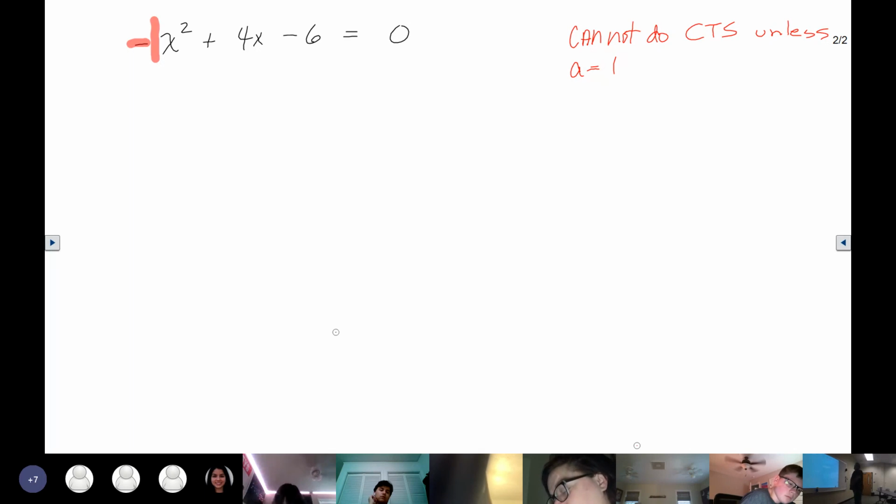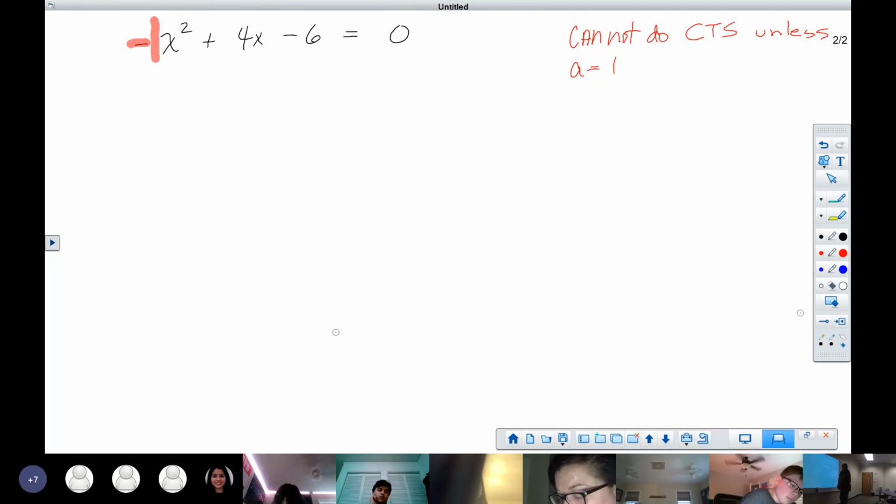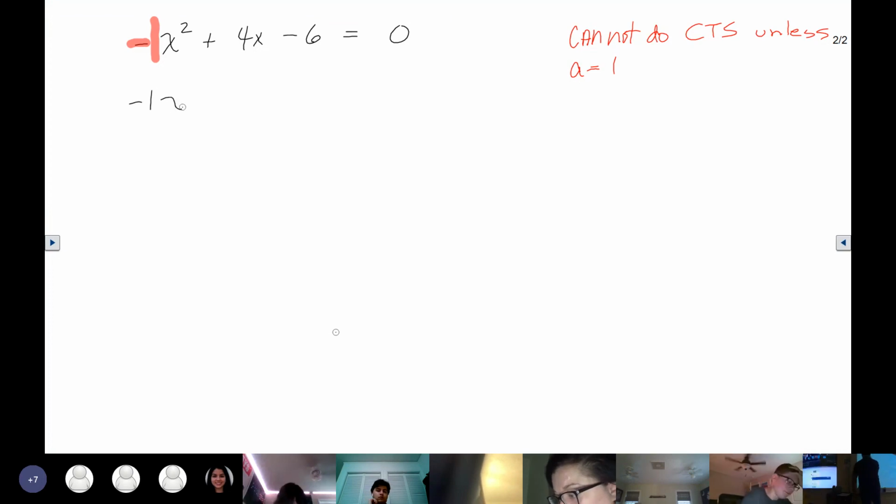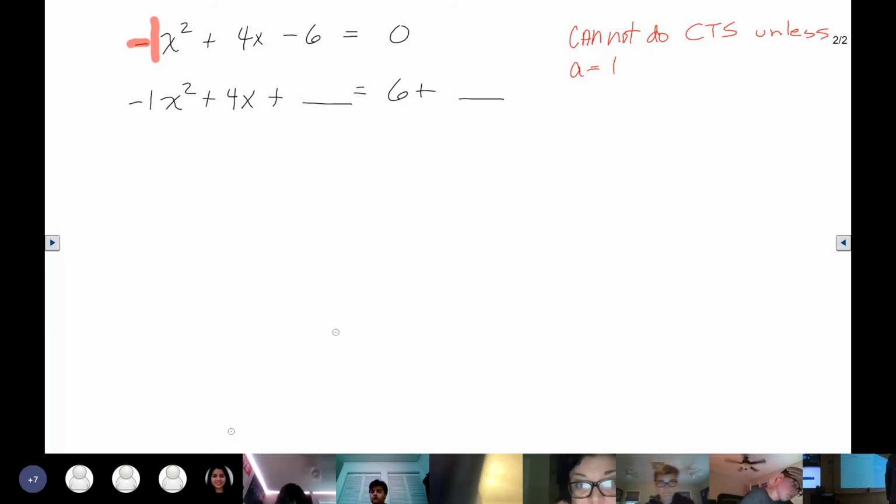So I've got to factor out, I can go ahead and move my 6 over. So negative, now, before I can complete the square, I've got to do what with that -1? I've got to factor it out.